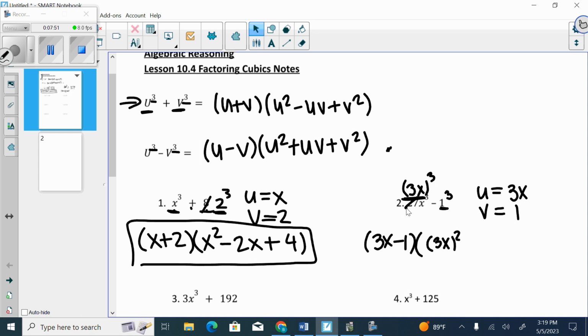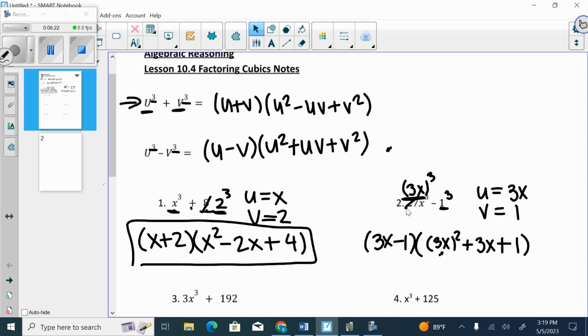Okay, then I'm going to put minus u times v. Oh, sorry, plus u times v. Well, what is 3x times 1? 3x. Right, and then it says plus v squared. What is 1 squared? 1. Okay. The only thing that I could simplify further is this piece right here that we're supposed to be squaring.